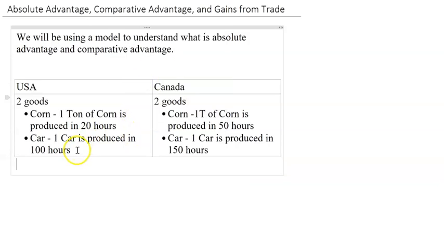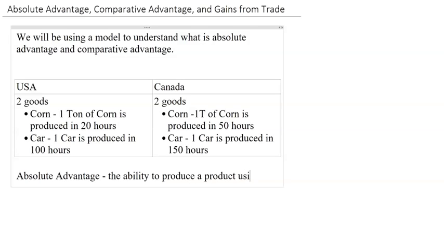So let us first look at absolute advantage. Absolute advantage is basically the ability to produce a product using fewer resources.